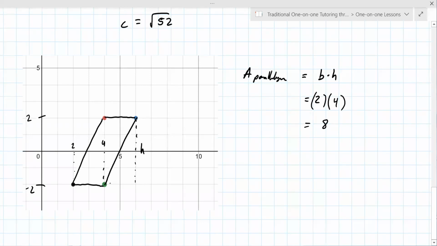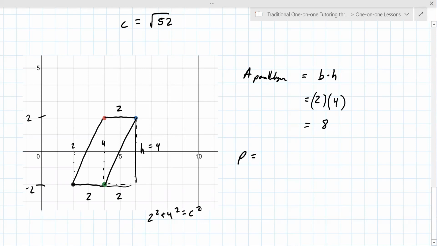Now the perimeter is a little tougher. We know that these two are 2, and we know that the height here is actually 4. So we got to find this length right here, the C. We actually did that in the last problem. So a squared plus b squared equals c squared, but you already did the calculation.